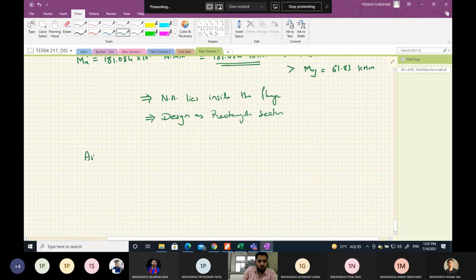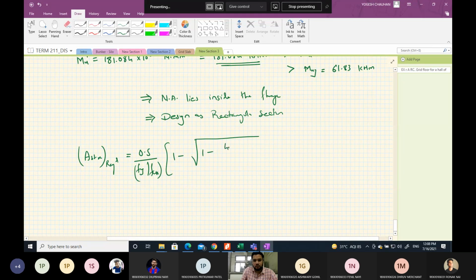So AST in x direction required will be equal to, same formula we'll use, 0.5 Fy by Fck whole multiplied by 1 minus under root of 1 minus 4.6 MUX. For x direction we'll use MUX divided by Fck Bd square whole multiplied by Bd.